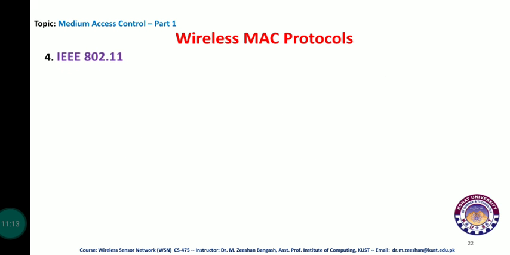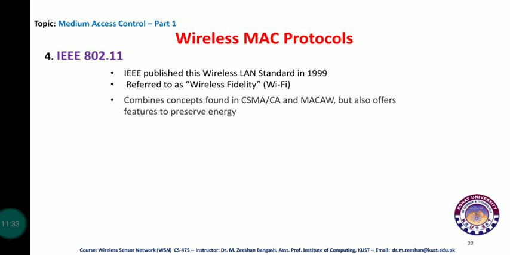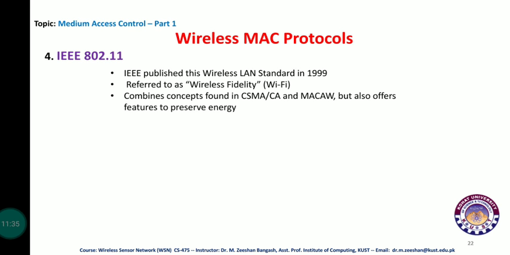Now there is another very popular standard that we already use, the IEEE 802.11. IEEE published this standard in 1999. It is commonly known as wireless fidelity, Wi-Fi, and it is basically a combination of the CSMA/CA and MACAW concepts, but it has extra features for preserving energy.